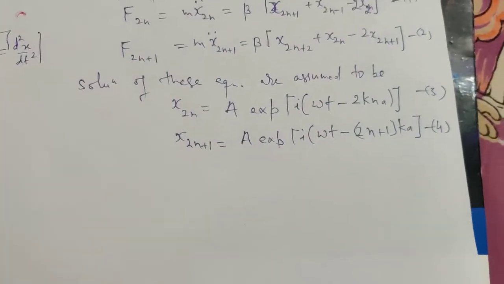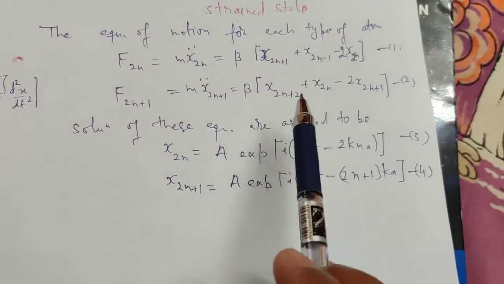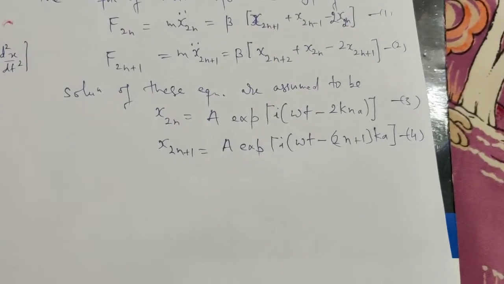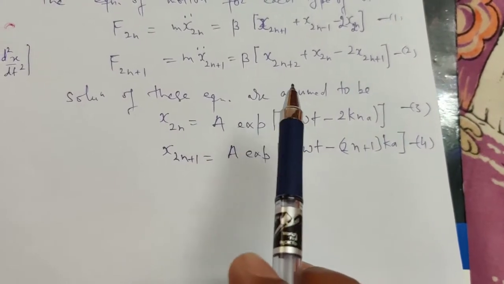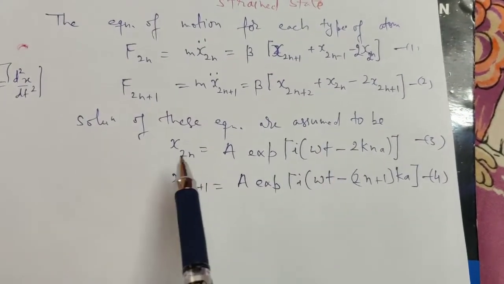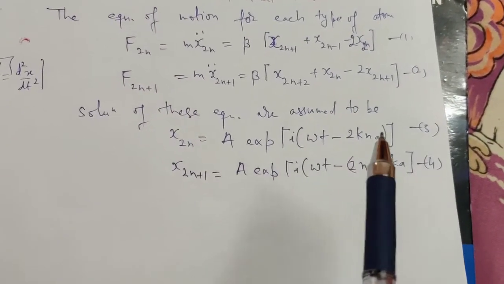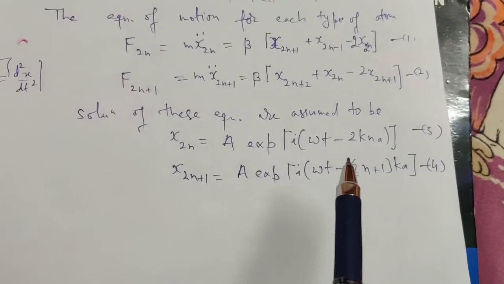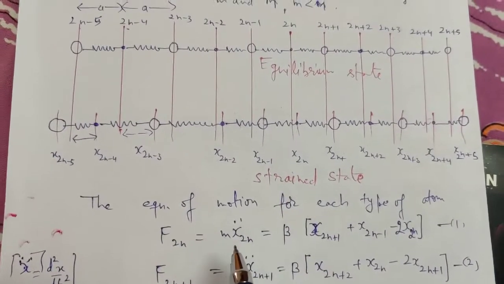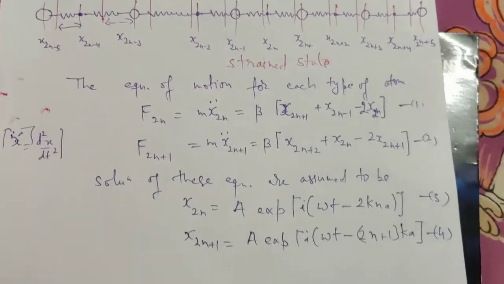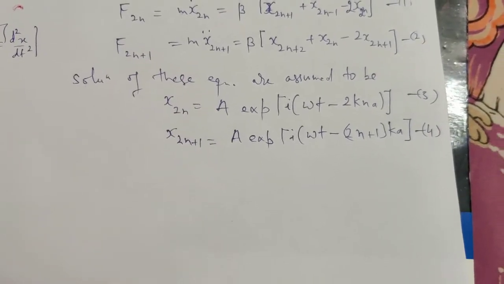Now here we will assume that both the particles participate in a single wave motion and the frequency for both types is taken as the same. The frequency for both atoms will be the same, but their amplitudes may be different because of the difference in their masses. जब मास m डिफरेंट होगा दोनों पार्टिकल के लिए, तो their amplitude will also be different but the frequency might remain the same.